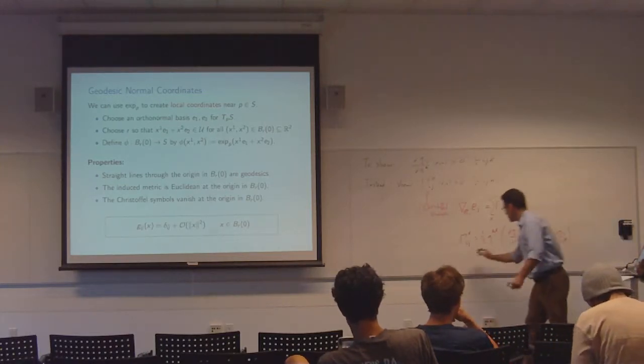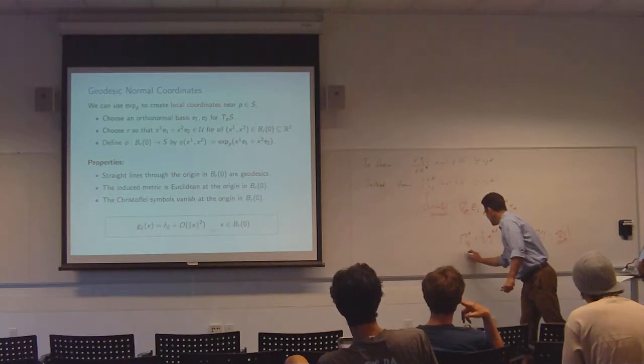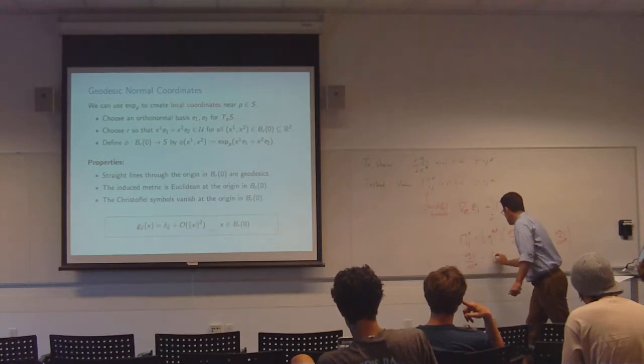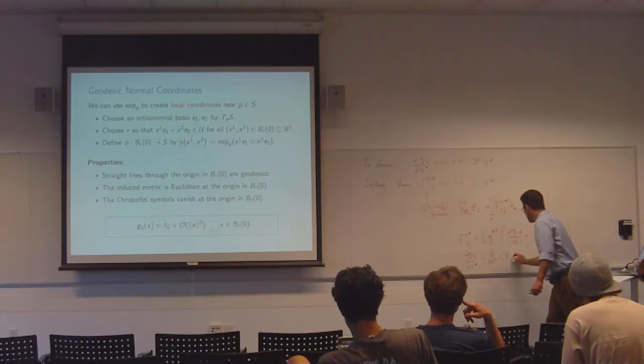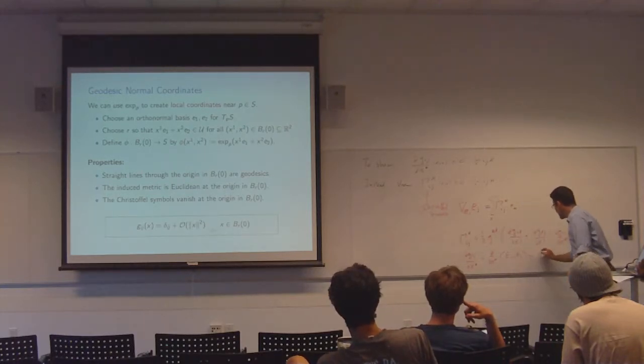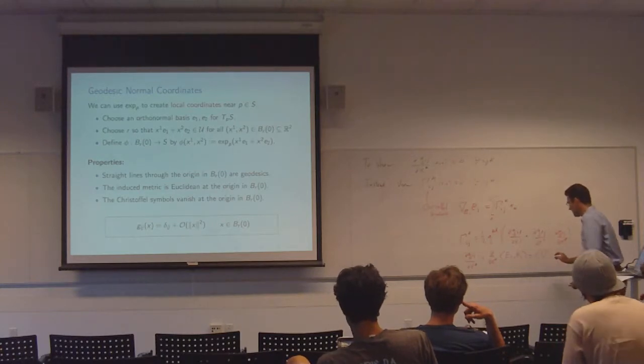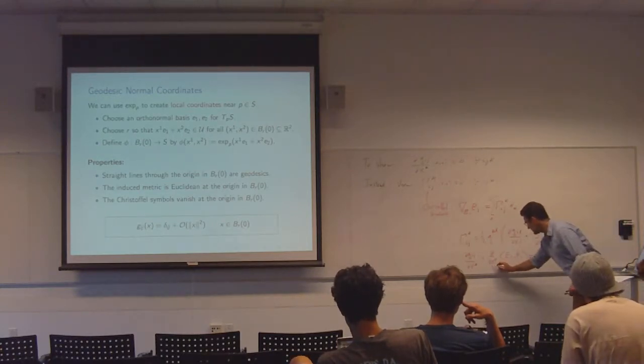So you're going to find dg_ij/dx^k. Well, this is equal to d/dx^k of the inner product of E_i with E_j, and this I guess is E_k.